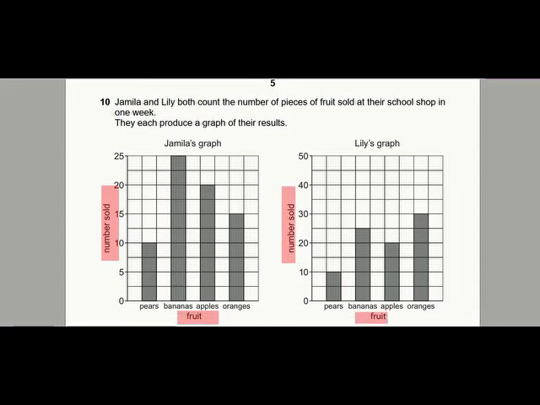So the graphs are absolutely the same in that sense. Now what we have to keep in mind, definitely, is that what they are selling is the same kind of fruit. But here comes the most important thing you have to keep in mind.